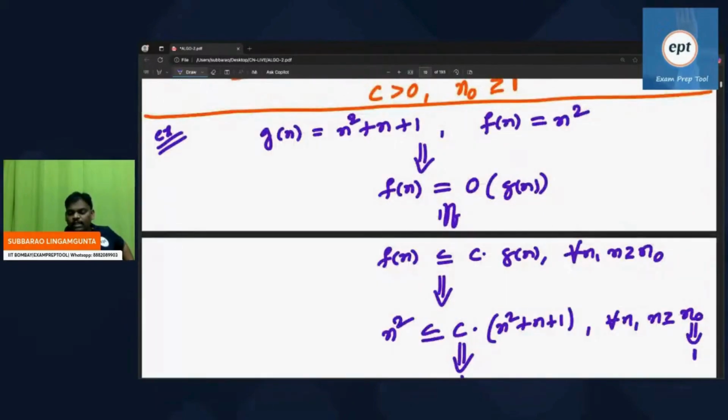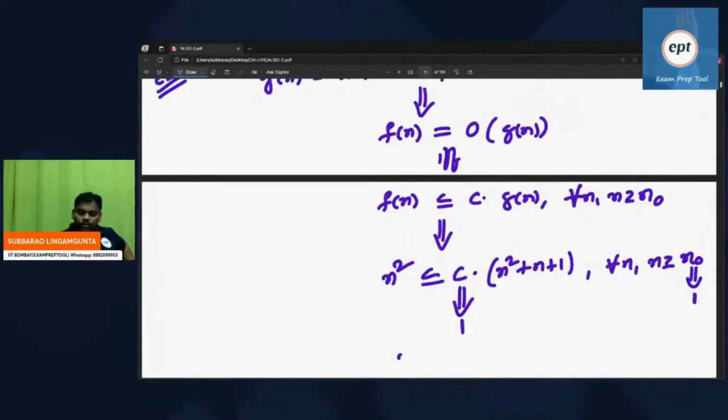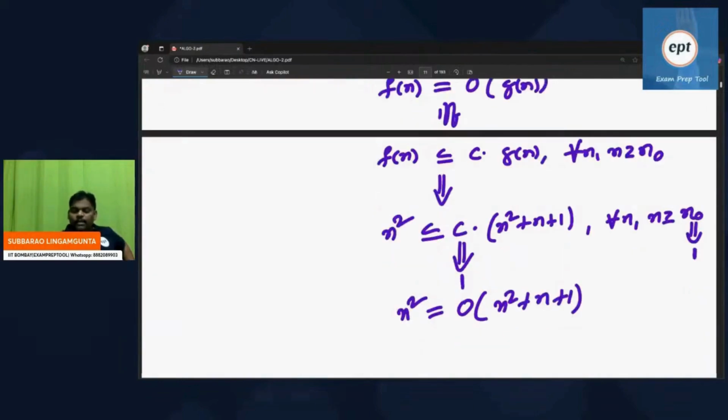That is the reason I can say that f of n is n square and g of n is n square plus n plus 1. Then I can say n square is Big O of n square plus n plus 1 is true, where the starting n value is 1, from 1 onwards it is working, and the C value is 1.